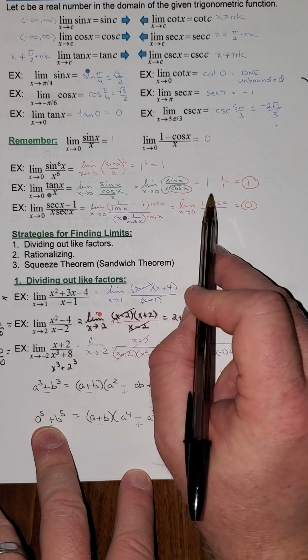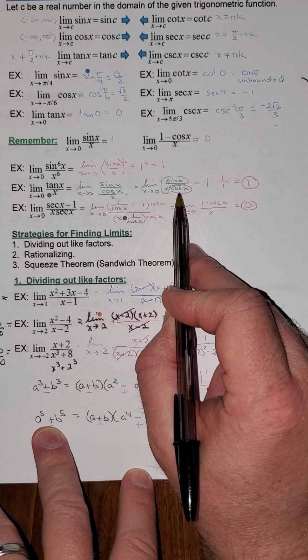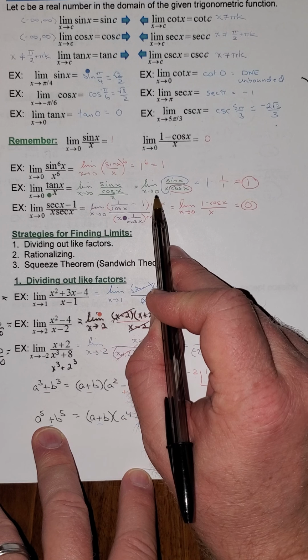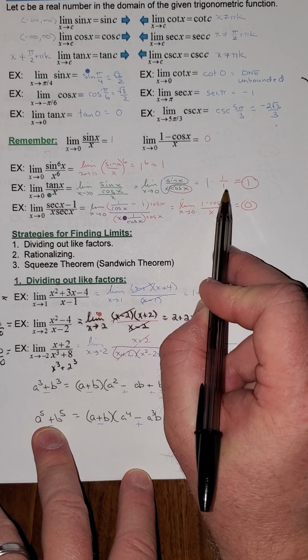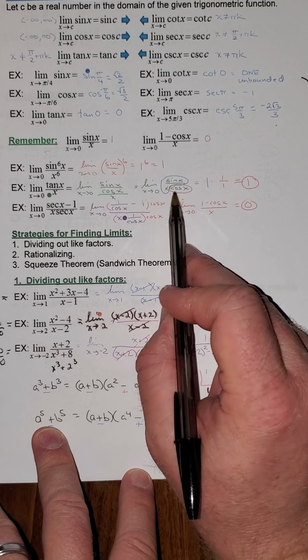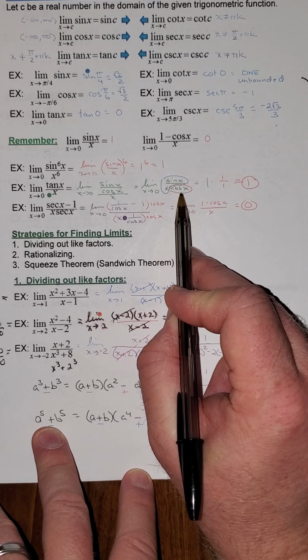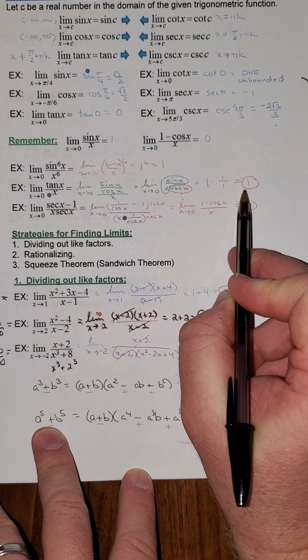That sine of x over x approaches 1. Well, what am I supposed to do with the cosine? Plug in the 0. What is cosine of 0? That's 1. So the 1 in the blue here represents the sine of x over x, that's what it approaches. That cosine of x, which is cosine of 0, approaches 1, and is on the bottom. 1 times 1, the limit is 1.